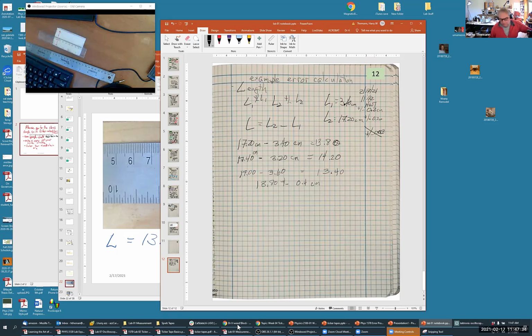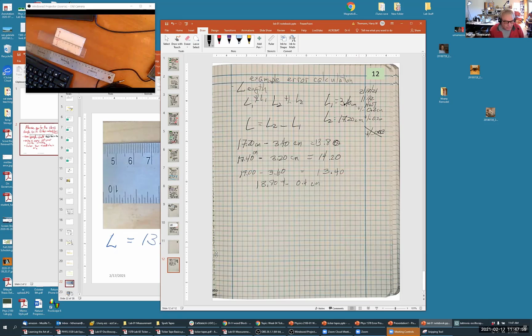And so we have this table, and I decided we'll just focus on the formulas that we need.